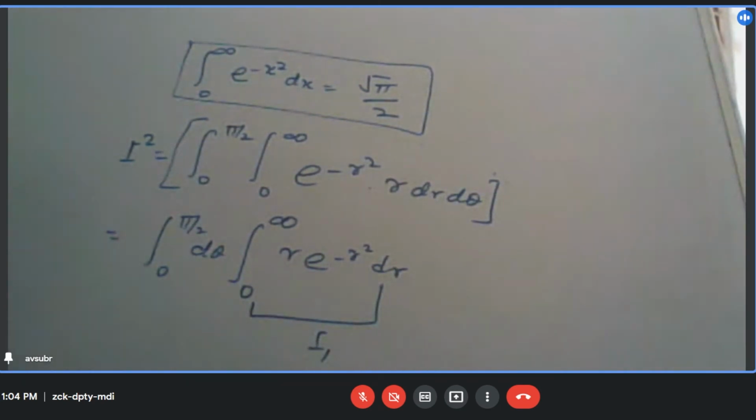Let me consider that this integral is I1. So I1 is equal to, let me consider that r square is equal to t. So 2 dr is equal to dt. Can I write it like this? Yes, sir. So the limits will not change, I guess.